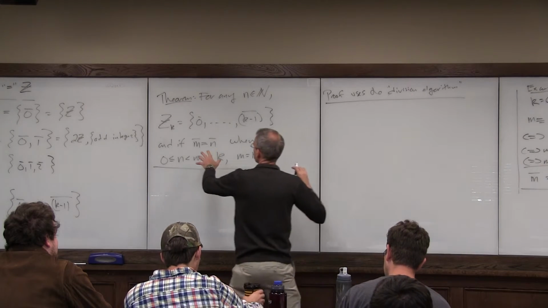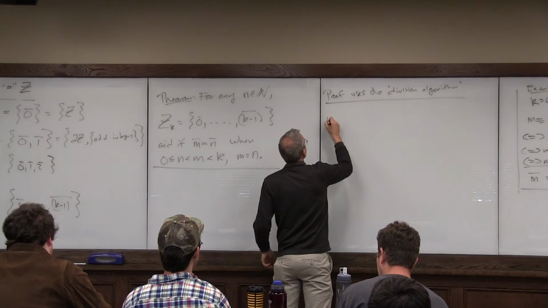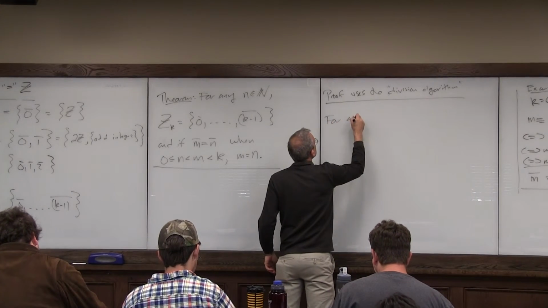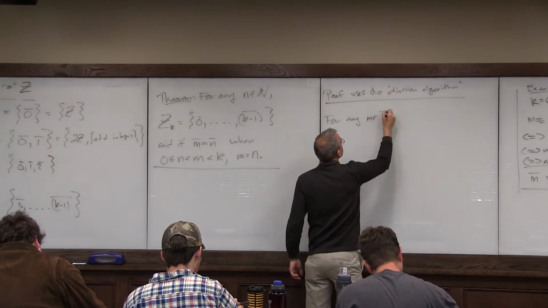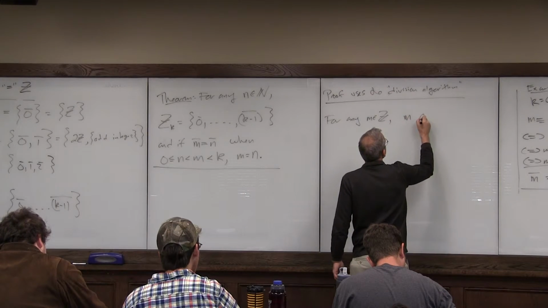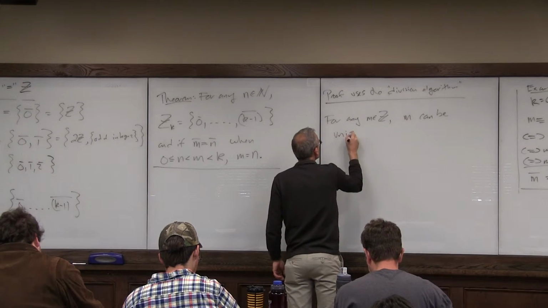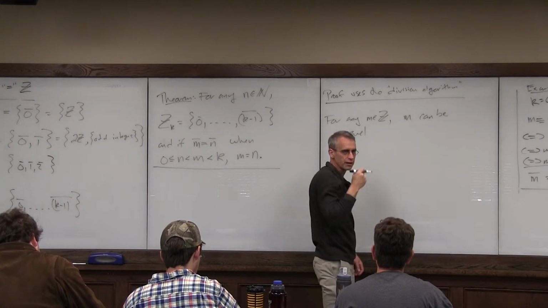So first of all, we're looking at this. The division algorithm says that for any m an element of Z, m can be uniquely written, and this is proved in one of the sections that we didn't have time to do.